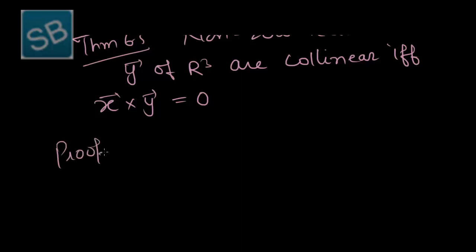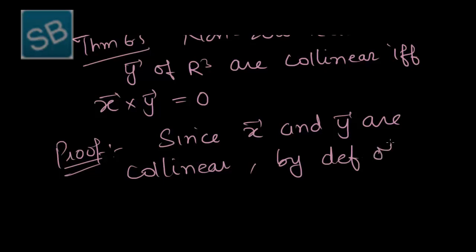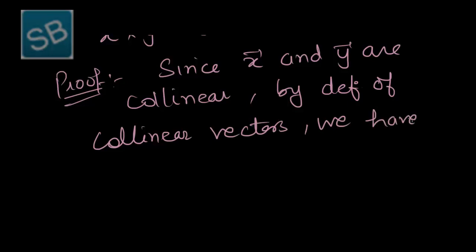Now we will prove it. That is, if and only if, so we have to prove its converse also. Since x and y are collinear, therefore by definition of collinear vectors, we have vector x is equal to k times vector y for all k belongs to R minus 0.